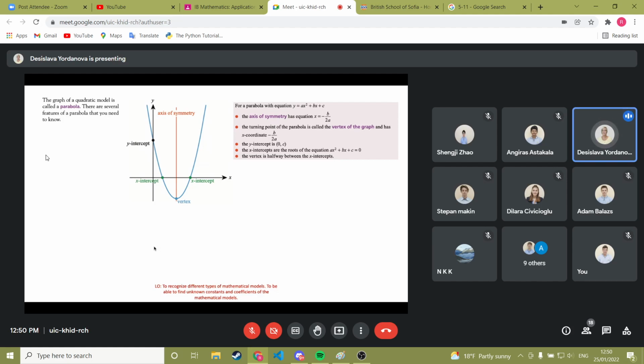And that's why it can have 0, 1, or 2 x-intercepts, because quadratic equations usually have 0, 1, or 2 real roots. And the last thing is that the vertex is actually halfway between the x-intercepts. So if you have the x-intercepts, you are able to find the x-coordinate of the vertex.